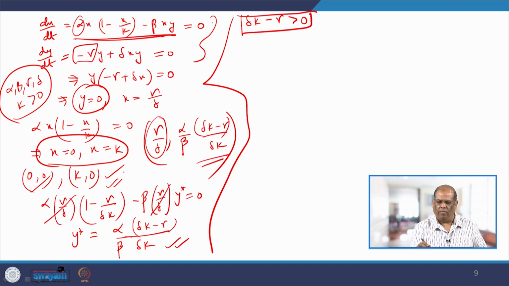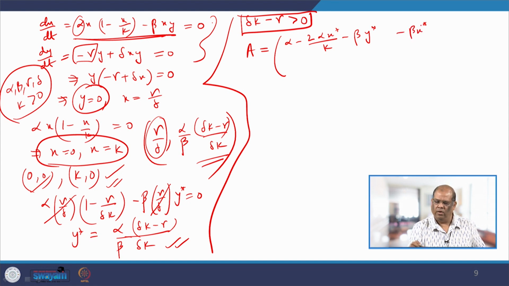If you want the point (k, 0), then you find what your matrix A is, which is alpha minus 2 alpha x star by k minus beta y star, then minus beta x star; here, with respect to x it is delta y, and with respect to y it is minus gamma plus delta x.